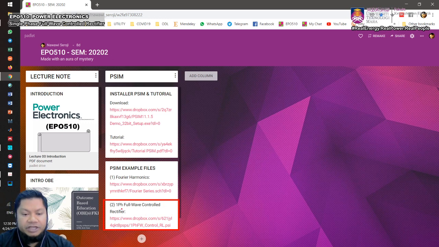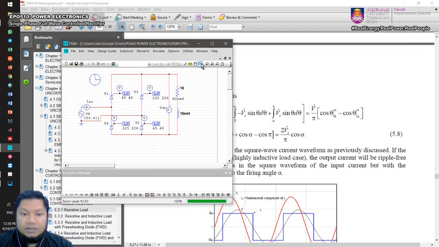So I've already shared with you the single phase full wave controlled rectifier. So have a try and look at this. You have to try yourself using PSIM on the PC to simulate the circuits, so that will help your understanding of the power circuit operations.